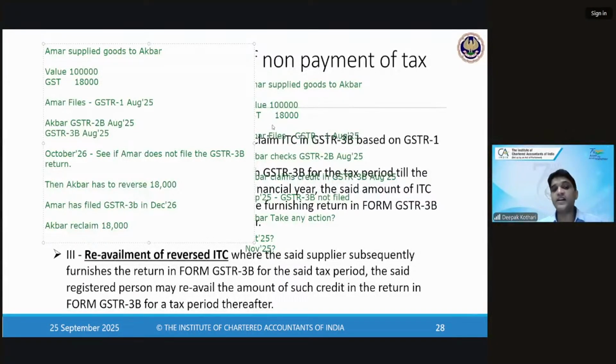If the supplier has not filed itself, then this reversed credit you cannot reclaim. You have to have a dialogue with your party. GST law will not save you. Clear with that?